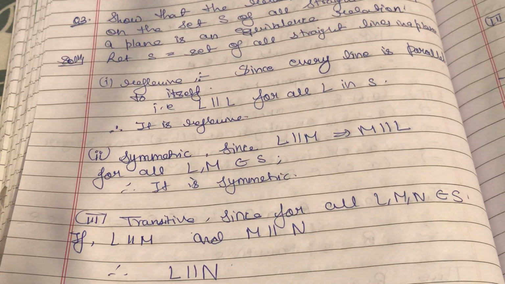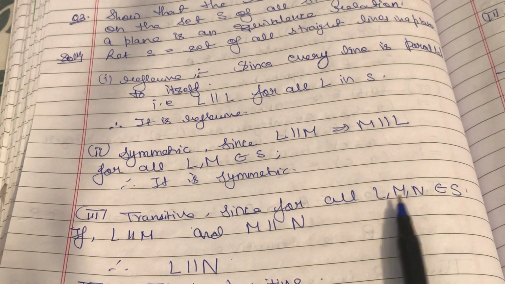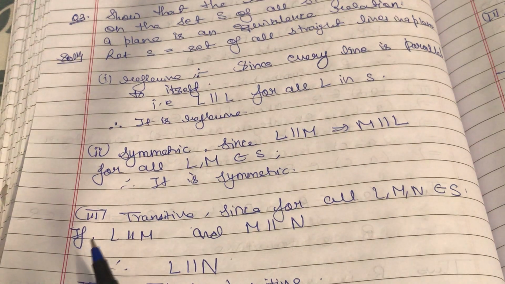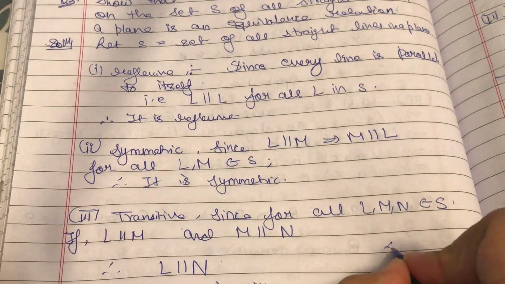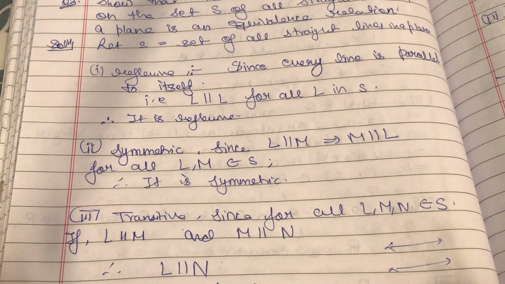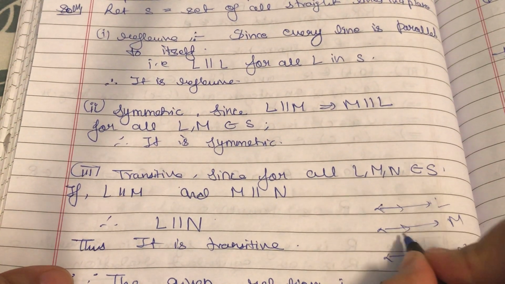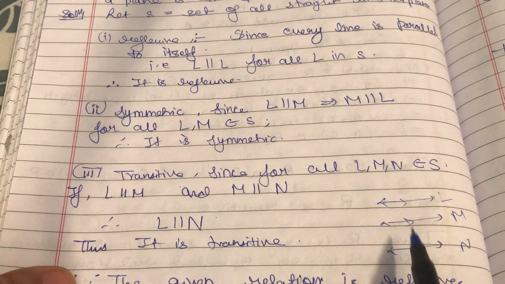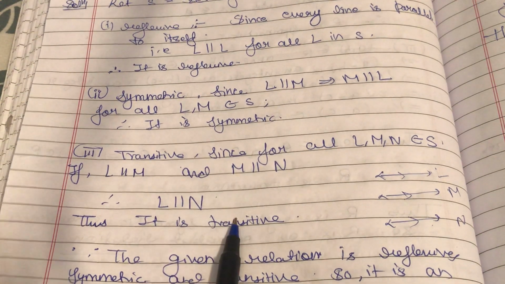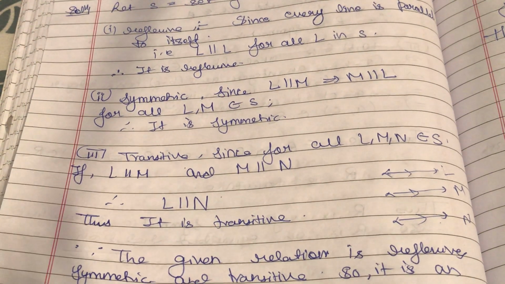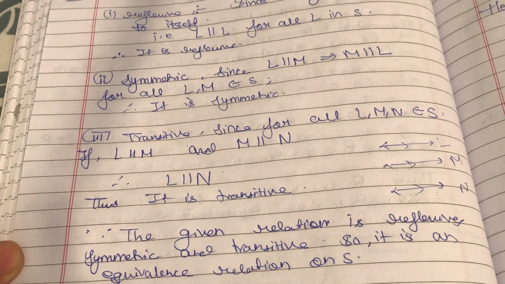And the third one: suppose there are three lines L, M, N belonging to S. If L is parallel to M and M is parallel to N, can I say that L is parallel to N as well? Therefore L is parallel to N also, therefore it is transitive. Therefore the given relation is reflexive, symmetric and transitive, so it is an equivalence relation on S.